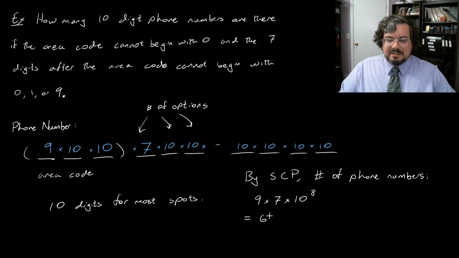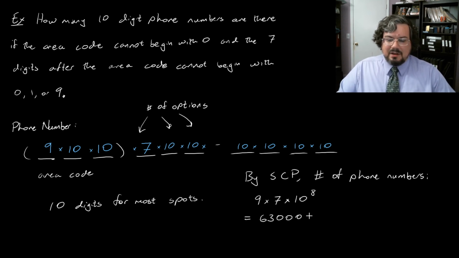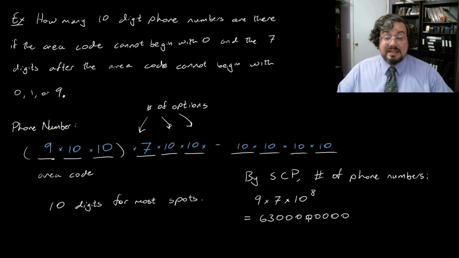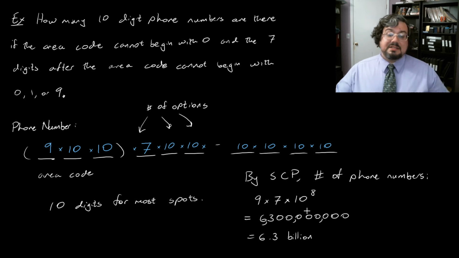Now 9 times 7 is 63, and then multiplying by 10 to the 8th means that we add on 8 zeros at the end of it. So 10 to the 8 is 1 followed by 8 zeros. So 9 times 7 is 63, followed by 8 zeros, which means that we have 6.3 billion possible phone numbers using this set of rules.